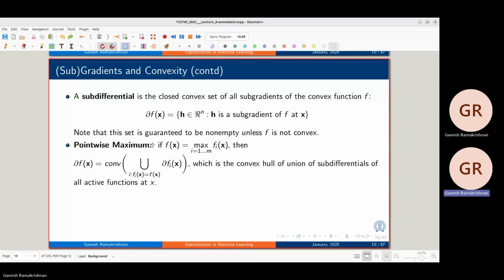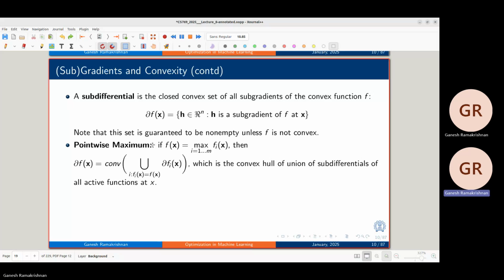By the way, I hope you understand what active functions are here. I didn't write that on the board. Actually, I should correct this. So this is the convex hull over all the indices of those functions whose value at x coincides with the max value. Okay, that's what I meant here. So here, at all points on the pink curve, the max coincides with that pink curve.